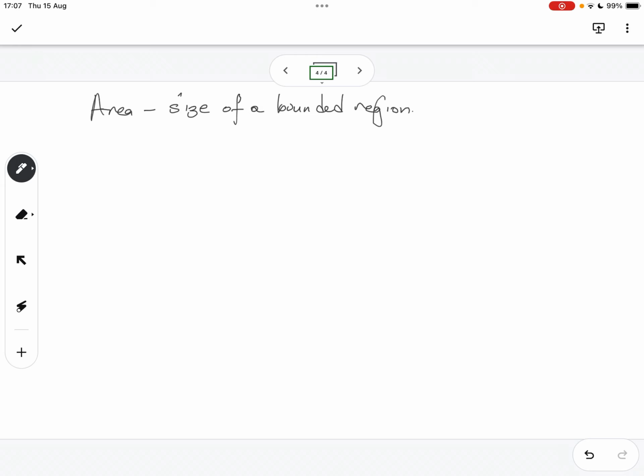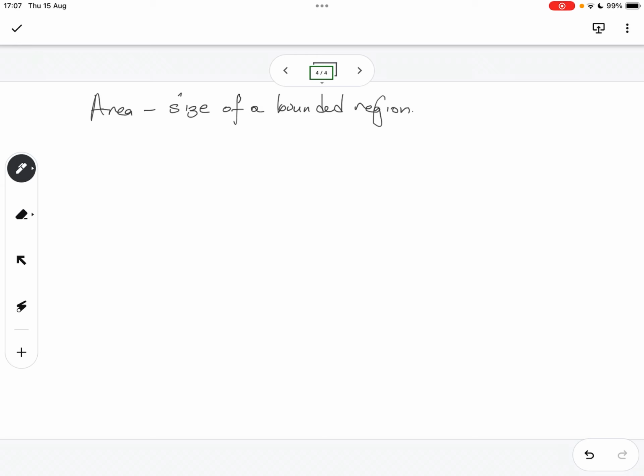These are the metric SI units for area that are mostly used. Okay, good. Well done for that.